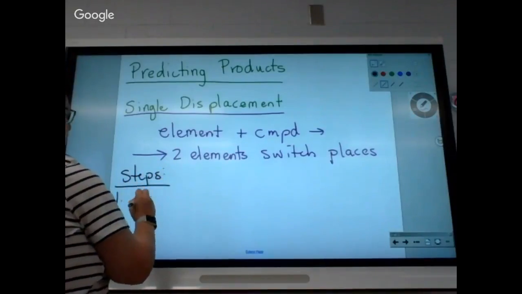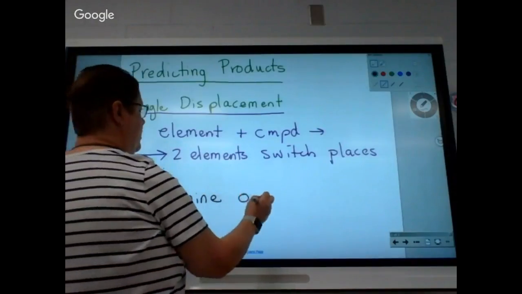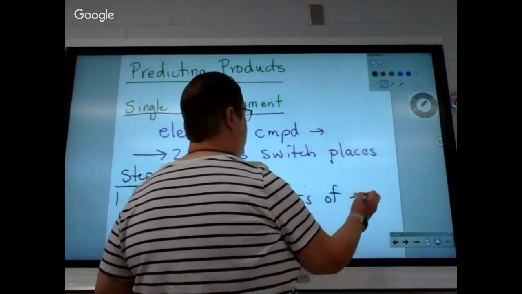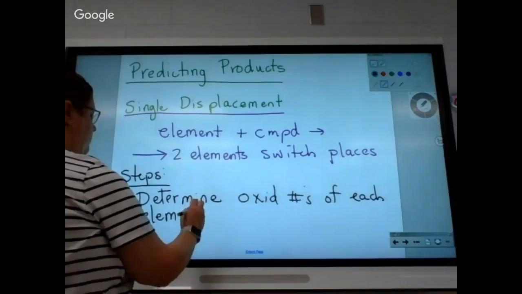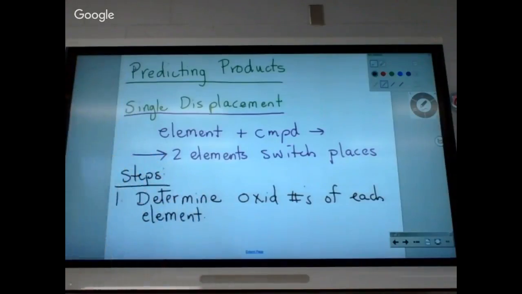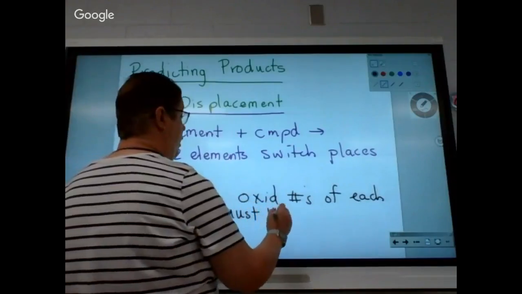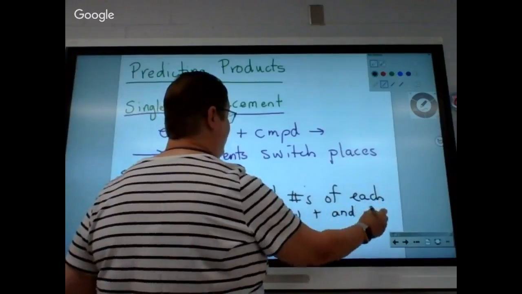number 1, determine oxidation numbers of each element. Okay? In order for us to know who to switch, we have to know their oxidation numbers. Now, in parentheses, I'm going to put here, you must know positive and negative.